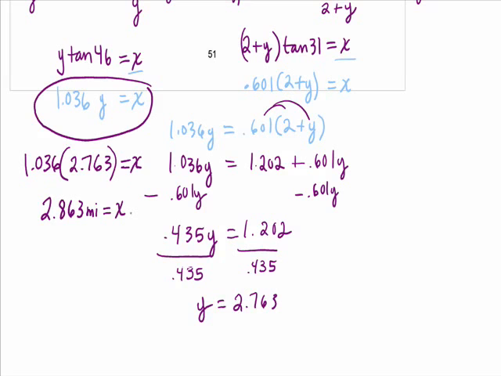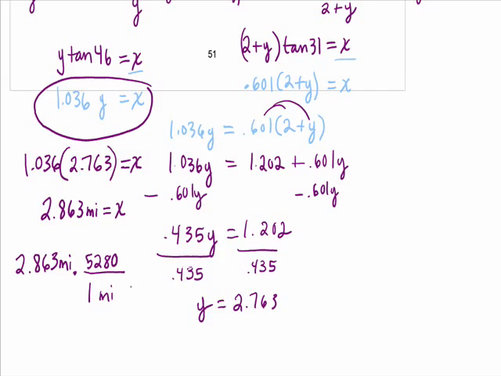Alright, so now we want to go to feet. Mr. Stern, how many feet are in a mile? 5,280. Alright, so if I want to say 2.863 miles, and I want to go from miles to feet, I know I have to multiply.